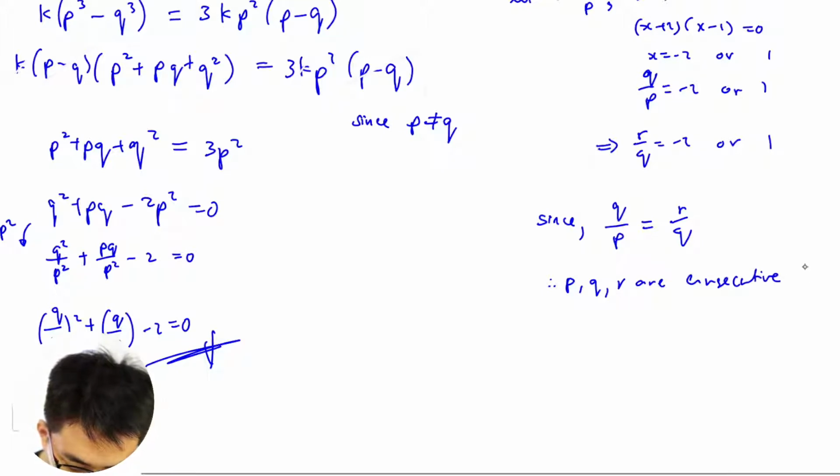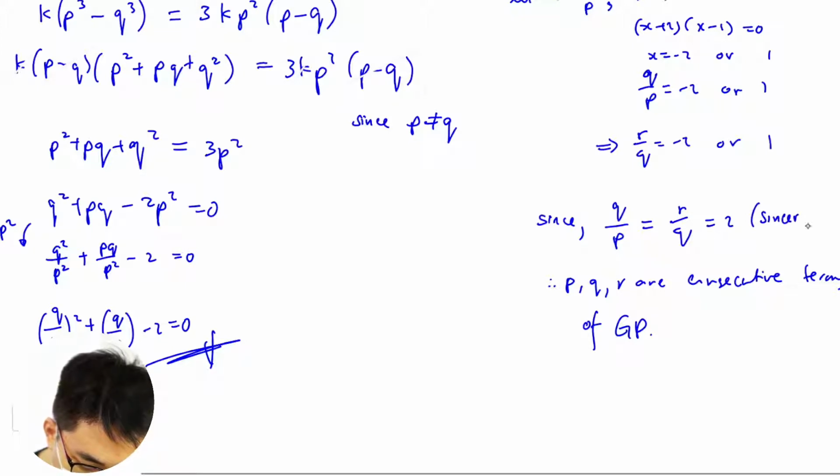The common ratio will be equal to 1, since, because they already use R there, annoying.